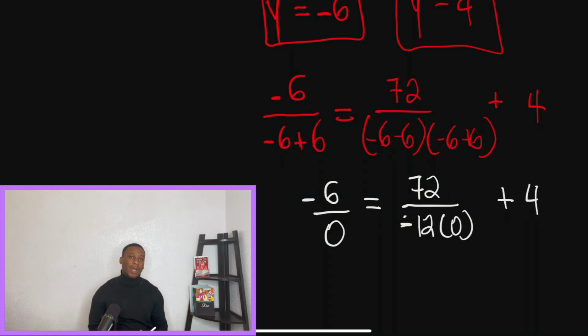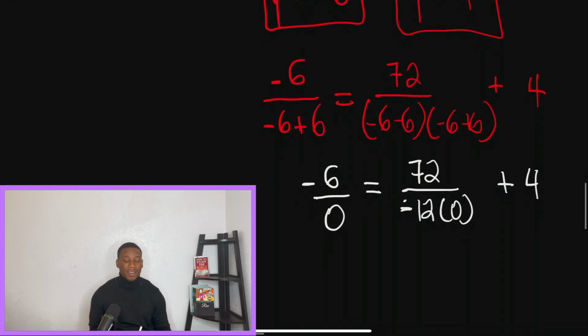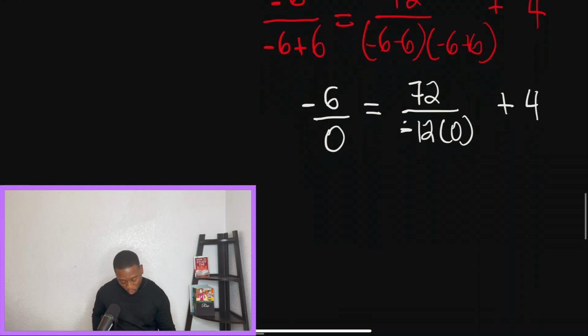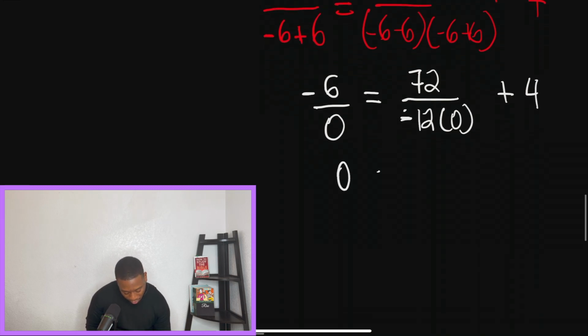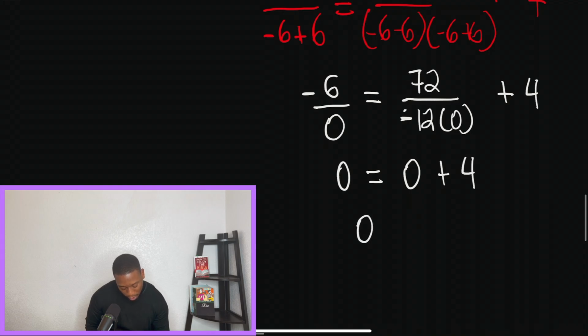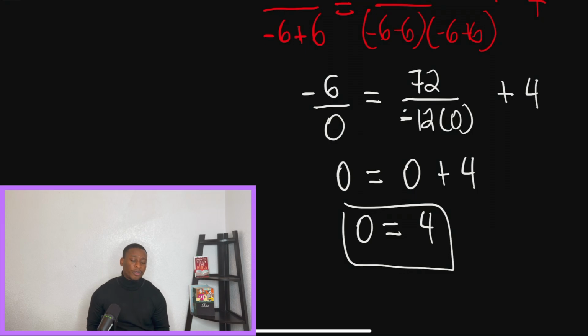So at this step, when we start solving, we know we can't divide a number by 0. So what this problem is saying is that 0 is equal to 0 plus 4. And when we check this answer, is 0 equal to 4? Absolutely not. So this is what we will call an extraneous solution. It does not satisfy the answer.